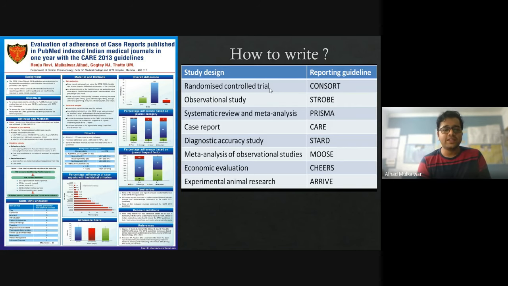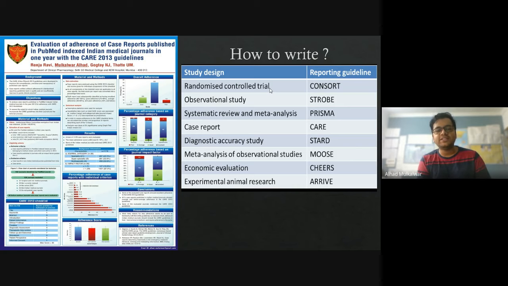You can also see that journals with a higher impact factor, like NEJM, JAMA or the British Medical Journal, have very high impact factors. NEJM has 72, BMJ and JAMA around 44 and 42 respectively. They have these guidelines. You go and visit the website, you will find all of them there. So make sure that you read it up.